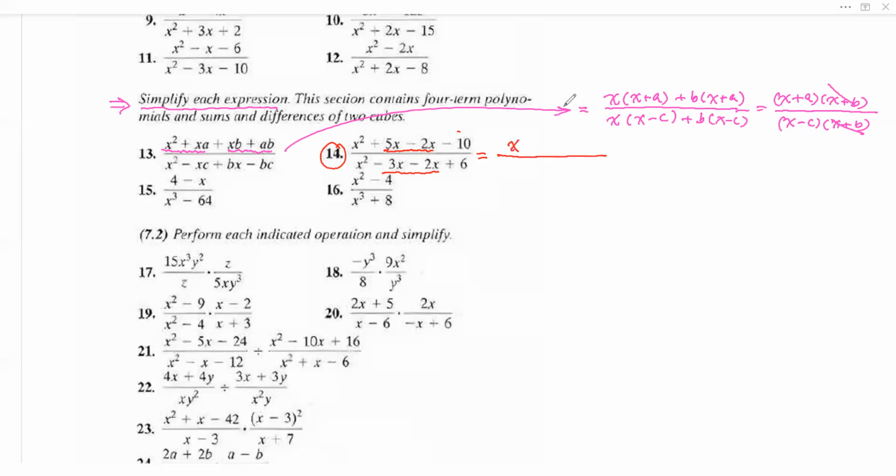I will skip the middle step and go to the last step. So this one goes to x plus 5 times x minus 2, right? If you're not sure, please just double confirm. You can use your own FOIL method, or what we learned, the rectangular area method.